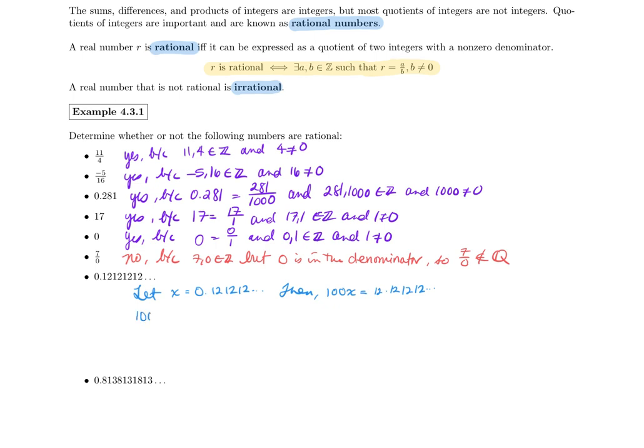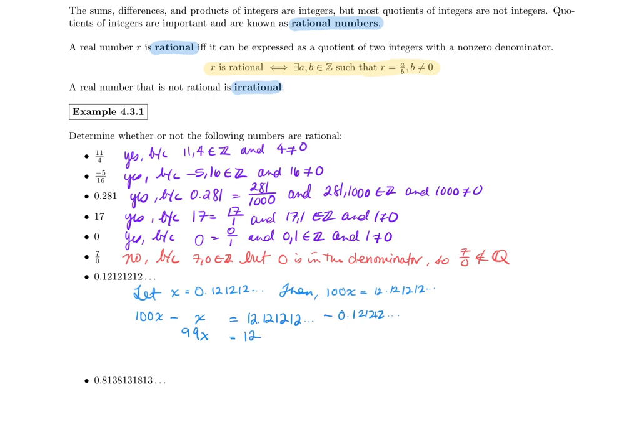Because if I took 100x, which is my 12.121212 repeating, and I subtract from it just that 1x I had in the beginning, the 0.12121212, then I end up with 99 x's, and it's going to equal 12 point all the decimal stuff minus all the decimal stuff. I'm left with just 12.